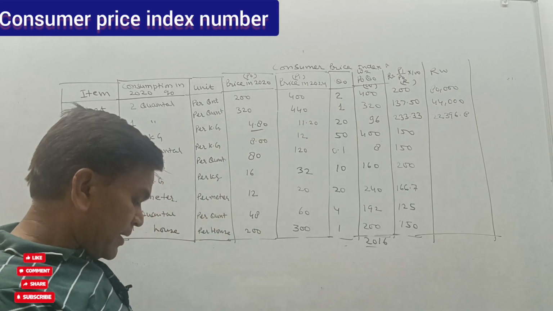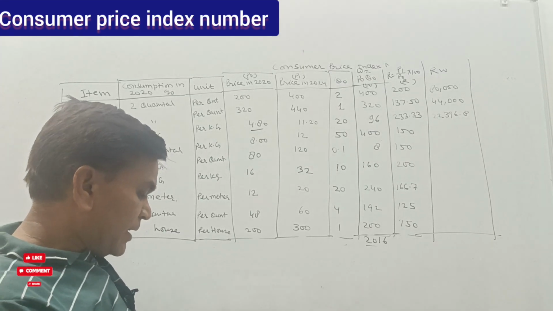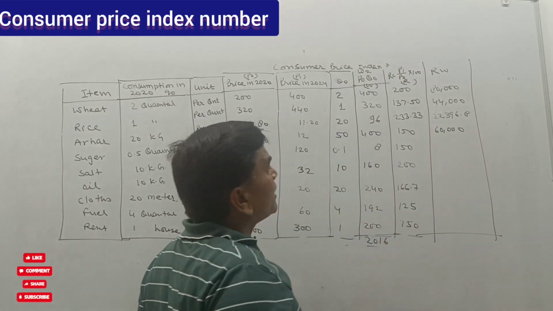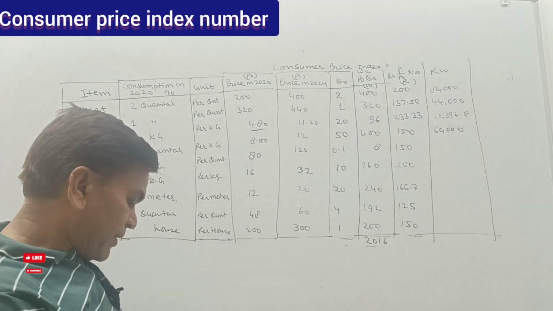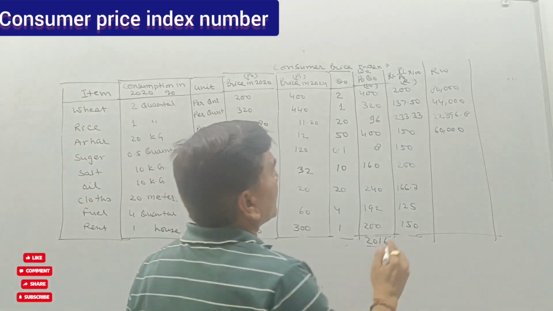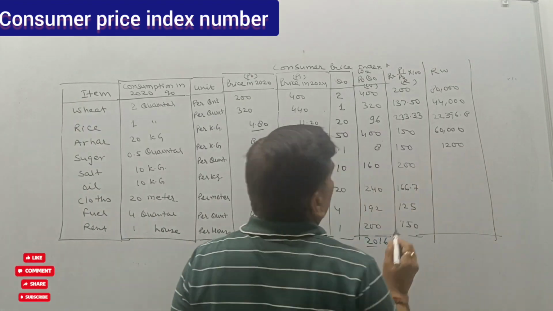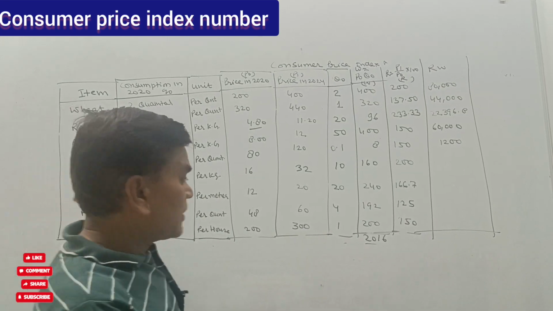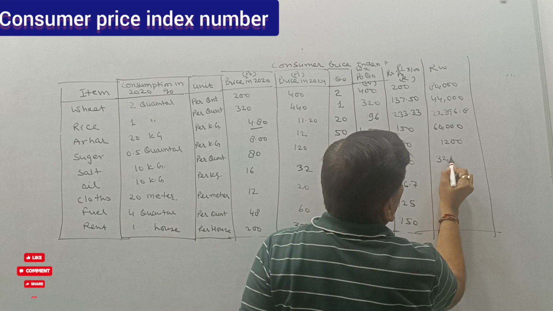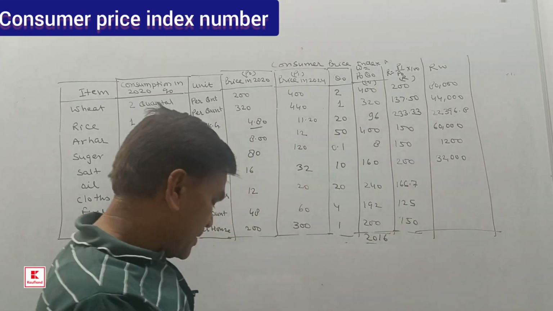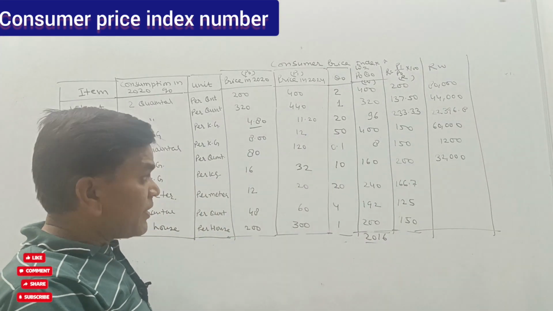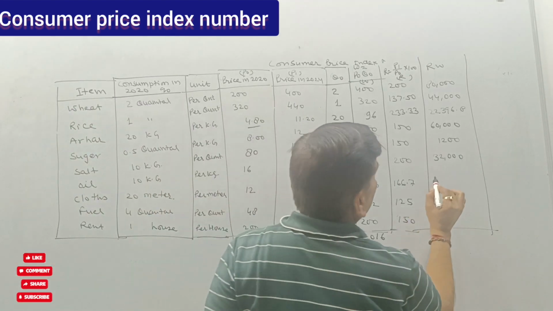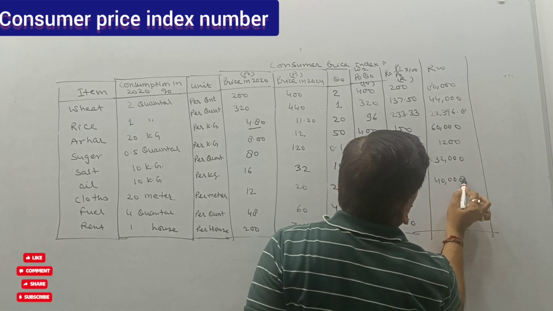Now 400 multiplied by 150, that is 60,000. 8 multiplied by 150, that is 1200. 160 multiplied by 200, that is 32,000. 166.7 multiplied by 240, that is 40,008.